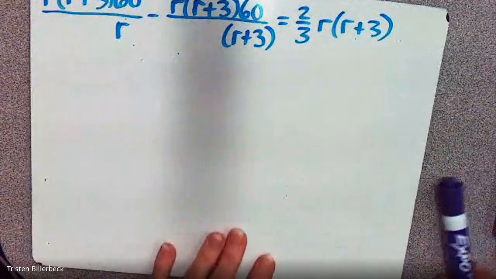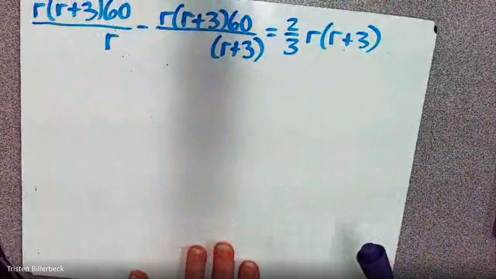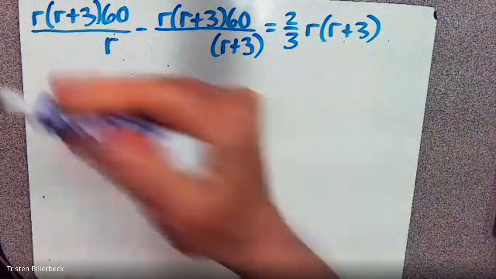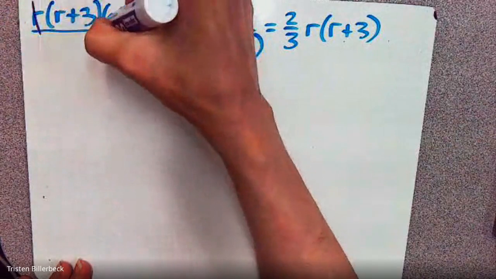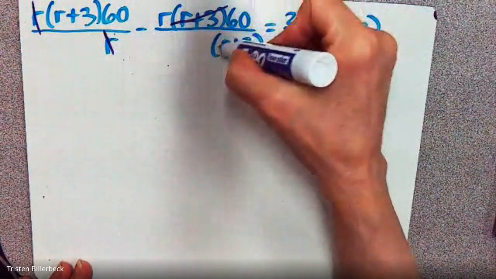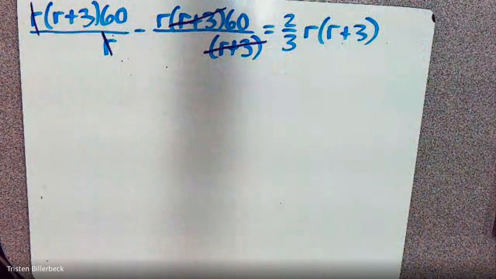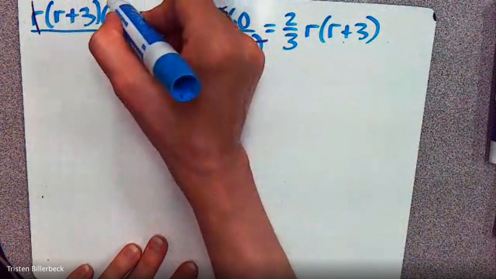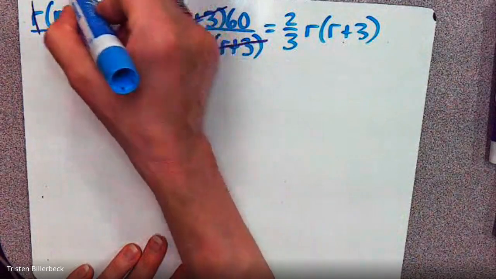Okay, so we first see we can cancel out these denominators. Boom, goodbye. No more denominators. We don't like those things. Okay, so then we distribute the 60.